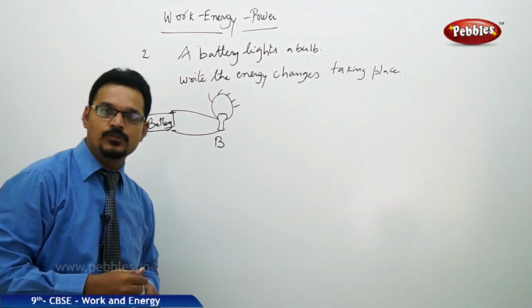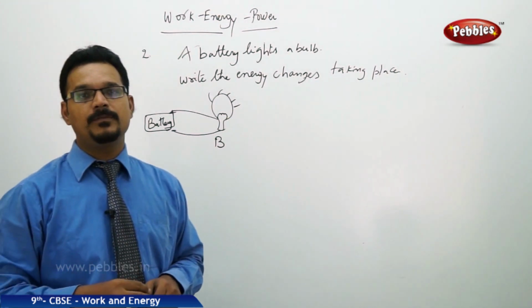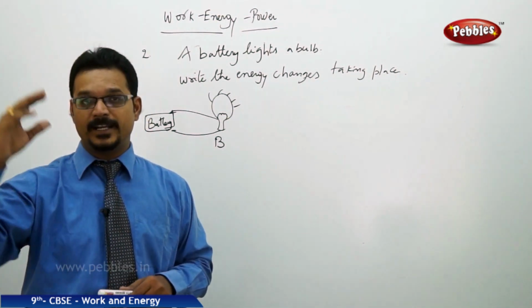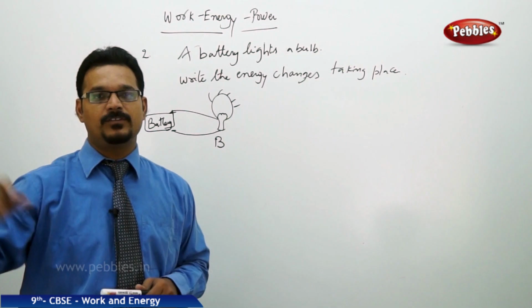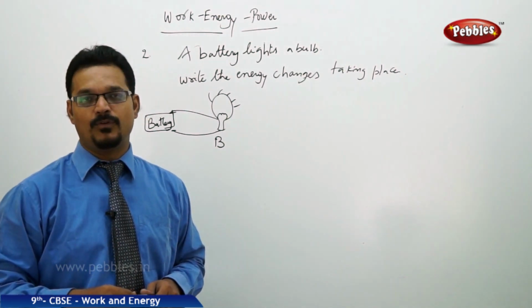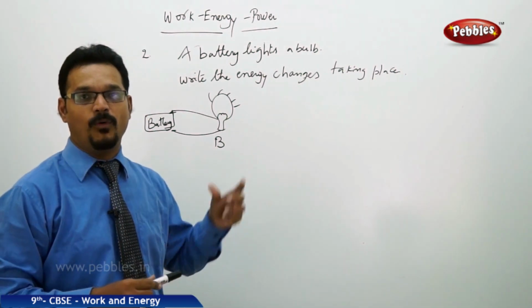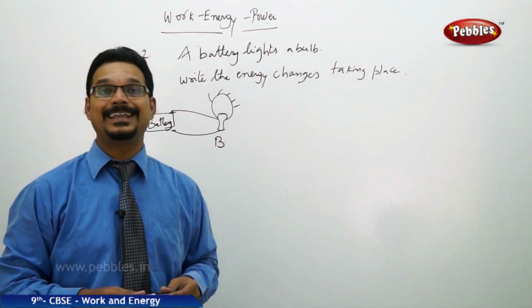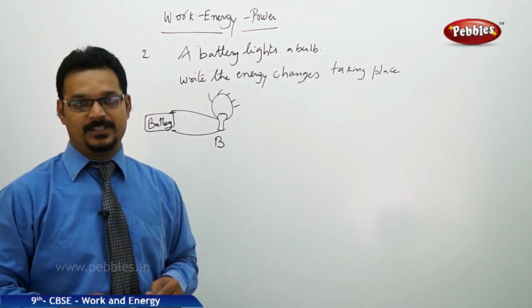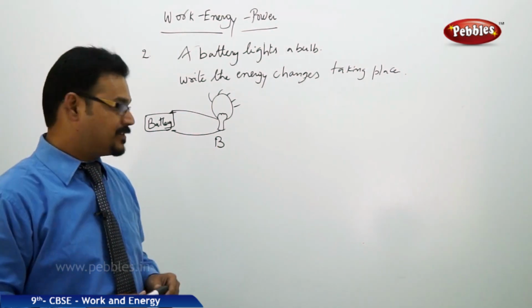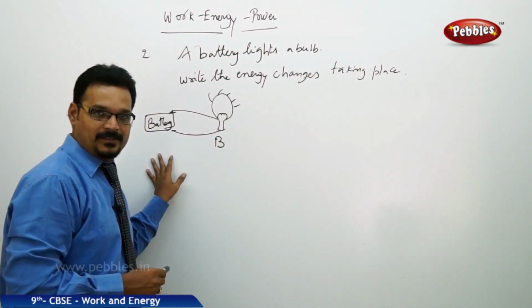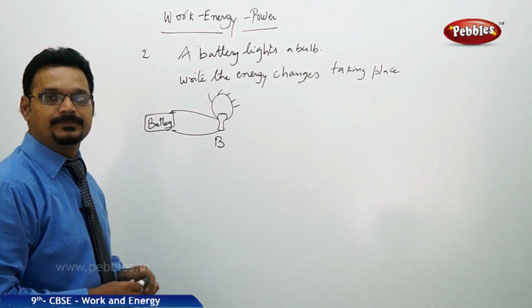Generally you know that when the bulb is connected to the ceiling, and you switch on from the main board, the light glows, because electrical energy converts to light energy. But here is a small difference: we are not connected to the main supply, we are connected to the battery.